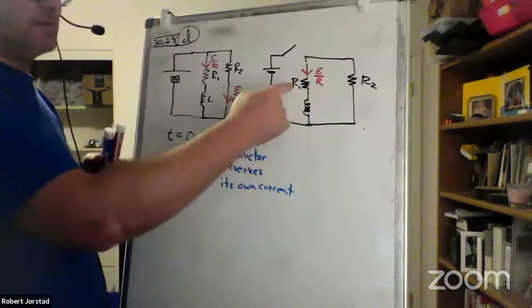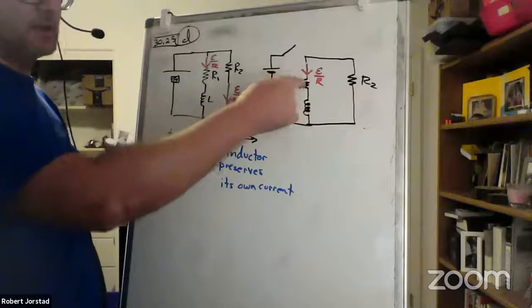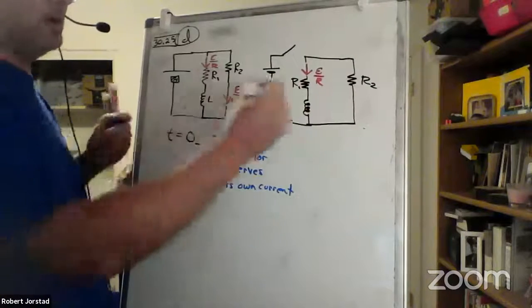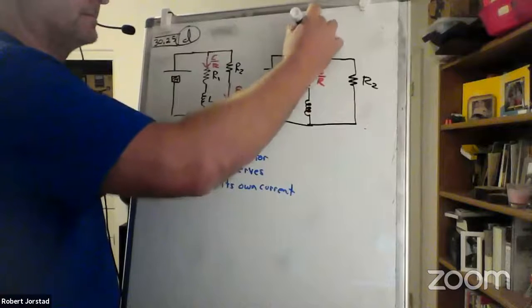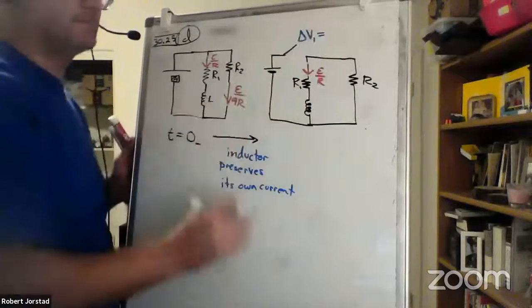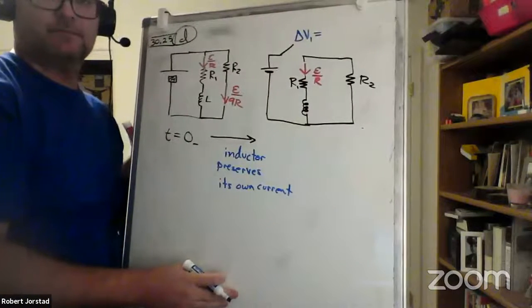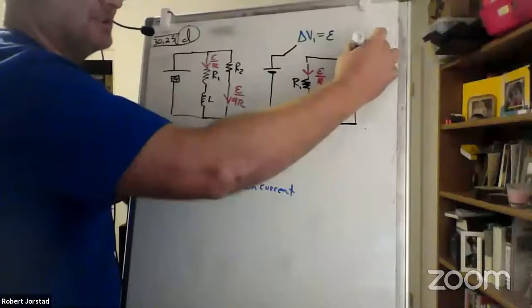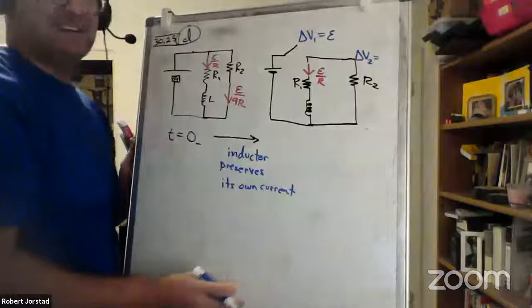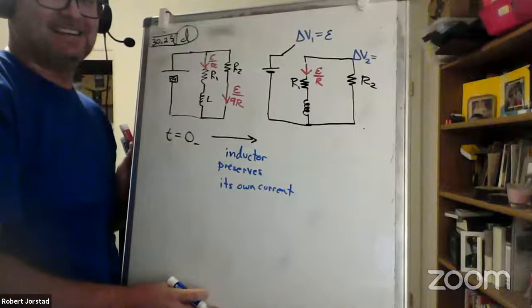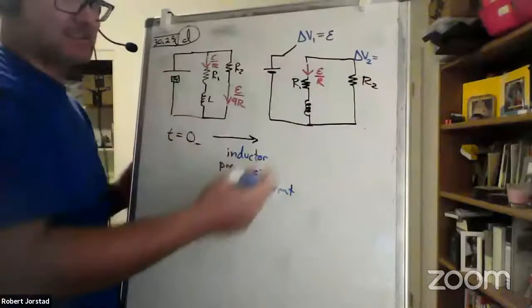Okay, so if the current is E over R, what's the voltage across R1? It's E. What's the voltage across R2?